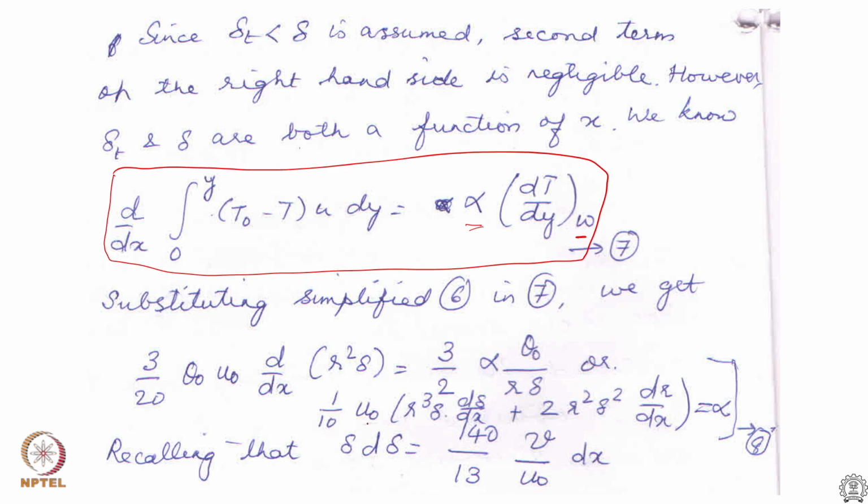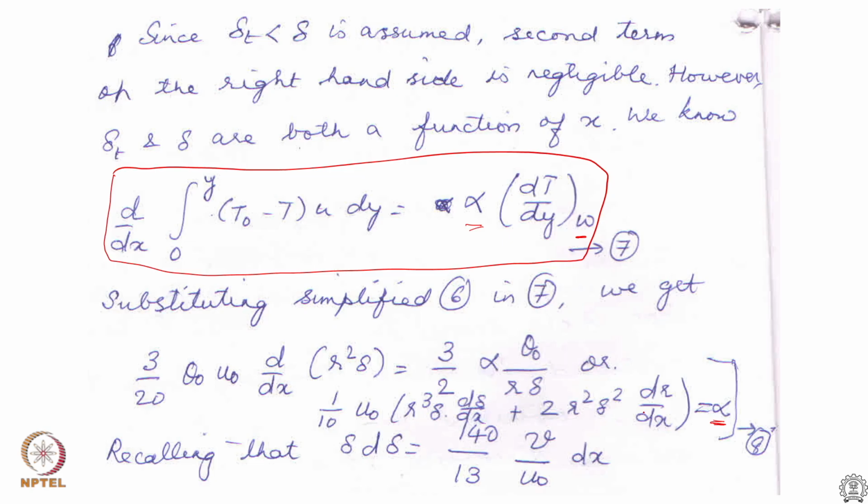So, after simplification, bringing all the other terms towards the left side and keeping only the thermal diffusivity on the right side, you will get 1 by 10 u naught r cube, because if you do differentiation, delta into d delta by dx plus so on.